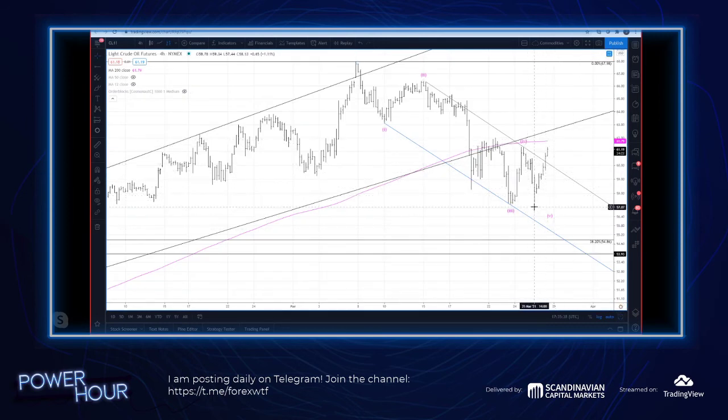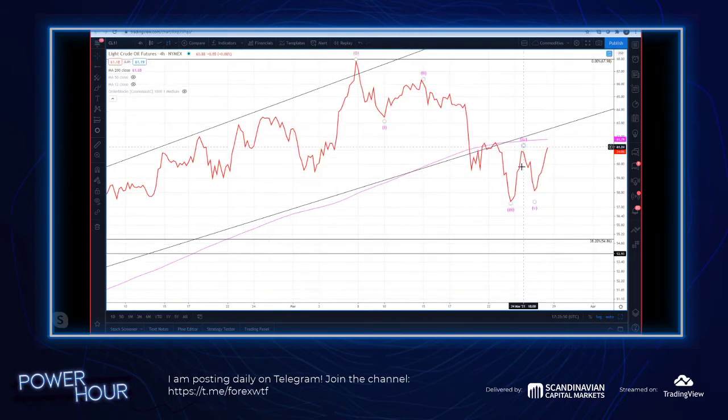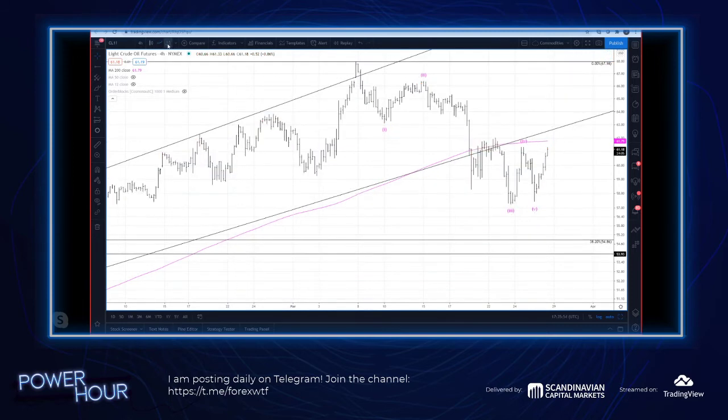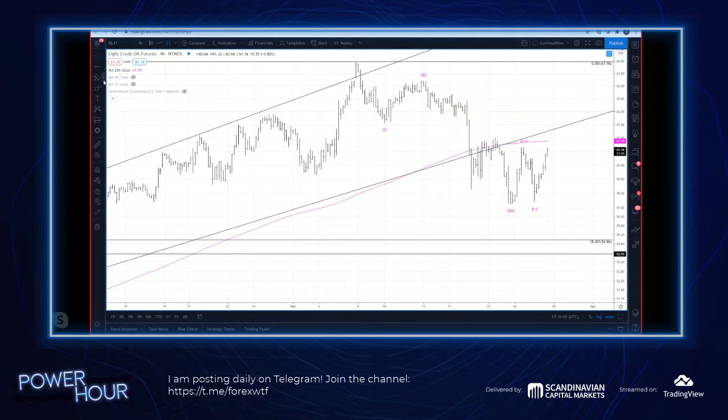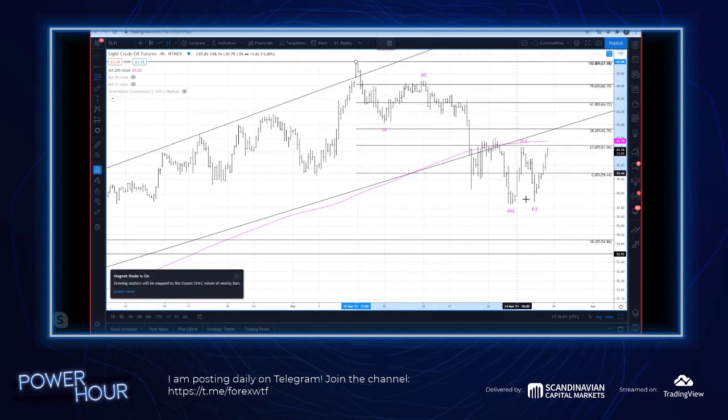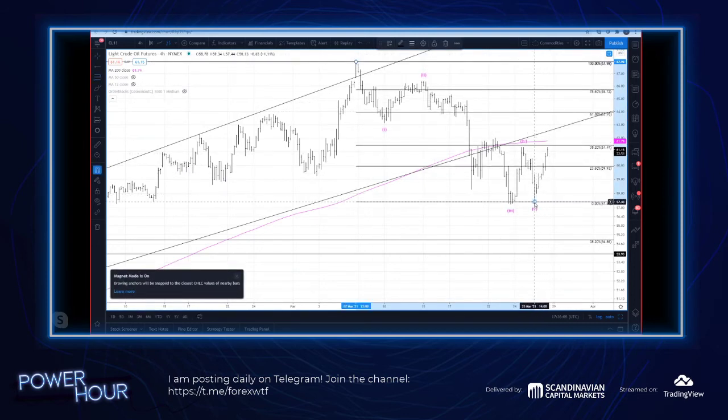So here I'm guessing that we have a five waves down, and I would call this a truncated fifth wave. So we are well into our five-wave or three-wave corrective.